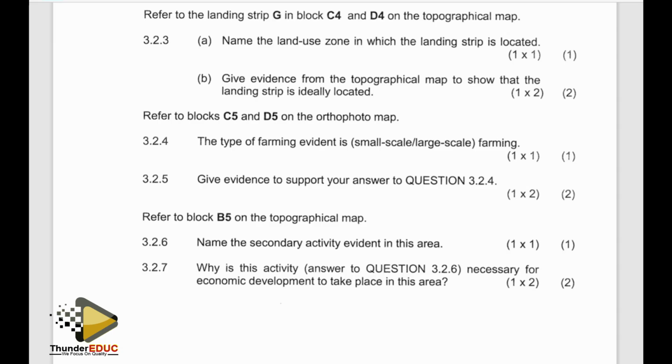And also, you can witness the nature of cropping that happens there. If, for example, you're using an orthophoto map, there is evidence of the nature of the crops which are being grown or the nature of farming taking place. With large scale, usually we have one unique product that is produced throughout. If it's a coffee farmer or a tea farmer, they just specialize in the production of that particular product.